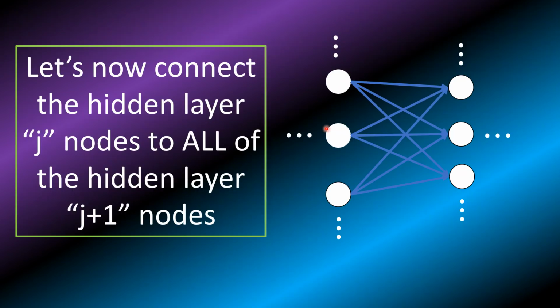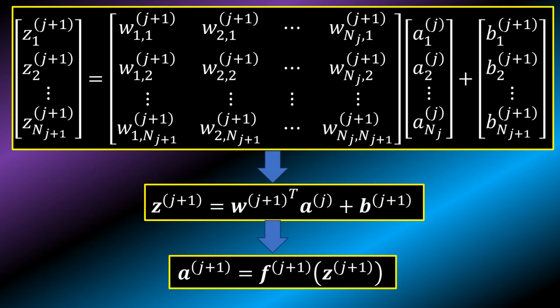So let's now connect the hidden layer J nodes to all of the hidden layer J plus 1 nodes. This is the jth layer, that's the J plus 1th layer, and we're going to connect each and every one of these nodes to each and every one of the other nodes. If we do this, we get a matrix of weights multiplied by the activation functions plus the biases.